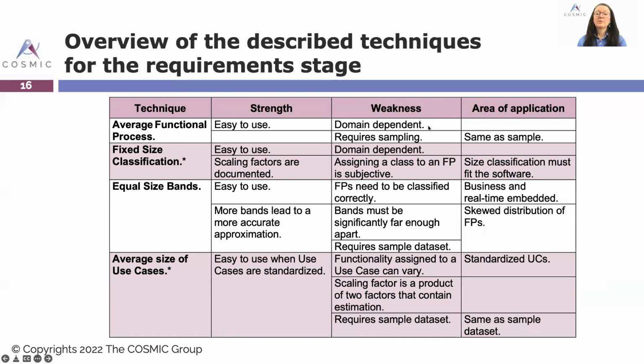However, it's domain dependent and it does require sampling, and you can apply the values obtained as long as the project you're evaluating or estimating fits the one of the sample. It is the same type of applications and same type of technology.